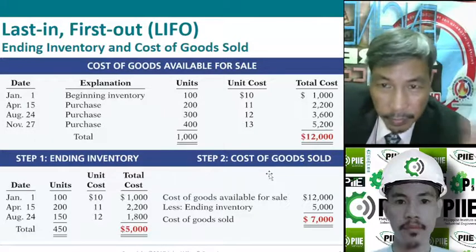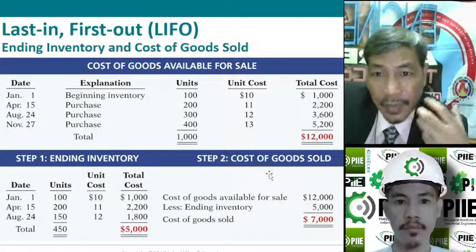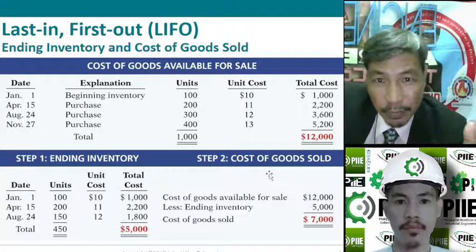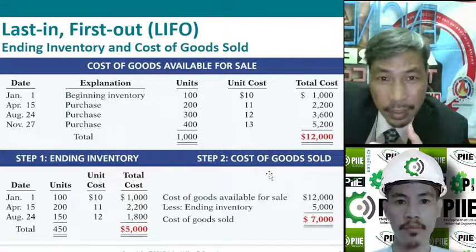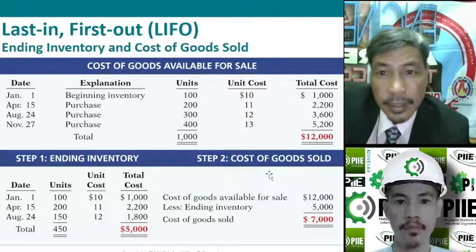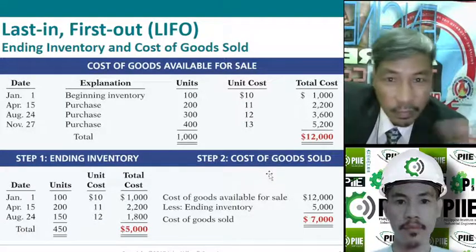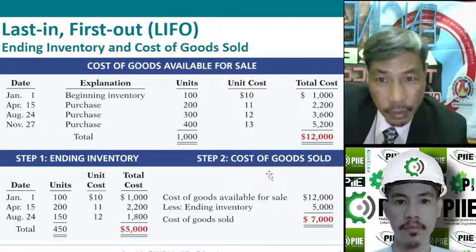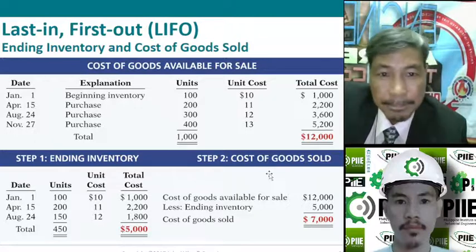Very easy for us. But the point is, we are being aware that there is an actual concept, an actual principle that there have been four different methods of this inventory computation. Okay?